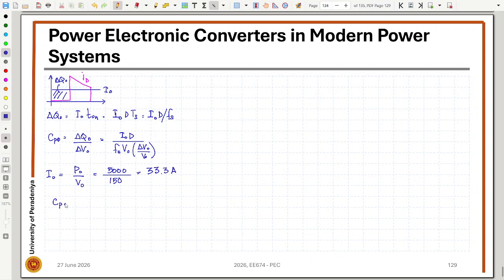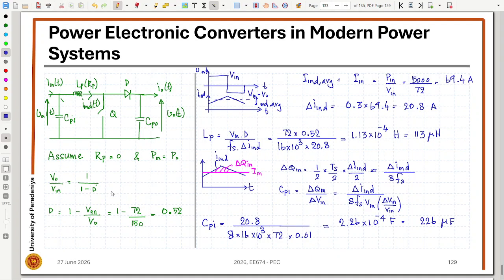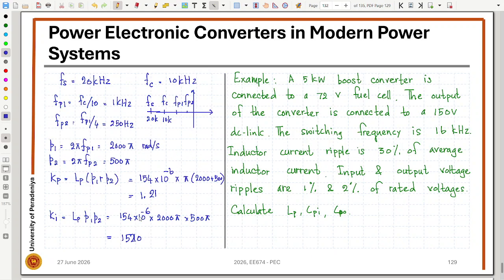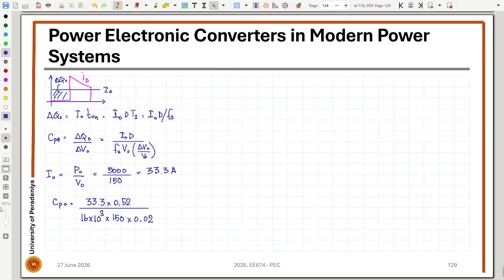So Cp out is going to be, I out is 33.3, duty ratio is 0.52, frequency is 16 kilohertz, output voltage is 150, and 2% is the ripple.